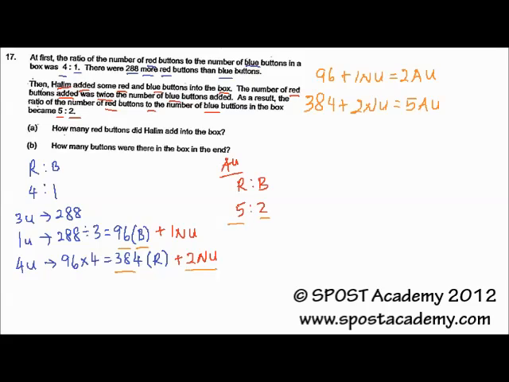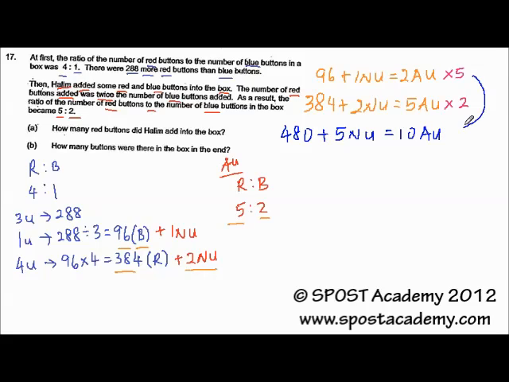So we got to make these two equations the same. So we'll make the after units the same by multiplying this with 5, and this would multiply by 2. So we will get 480 plus 5 new units is equal to 10 after units.